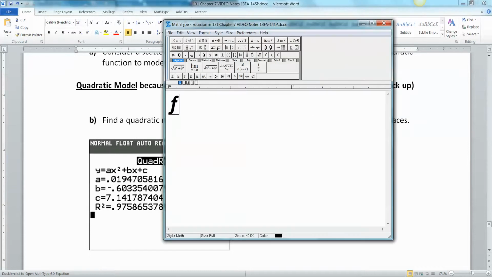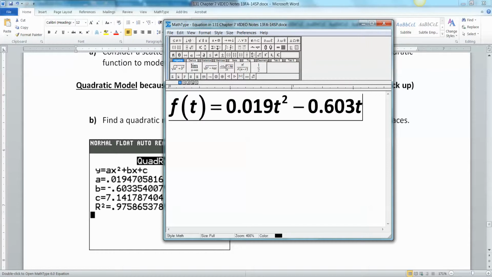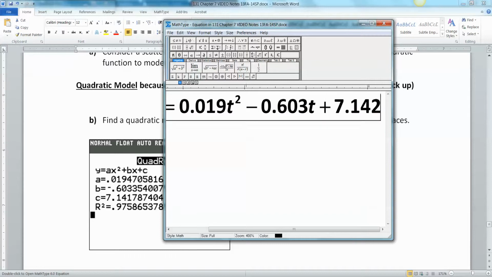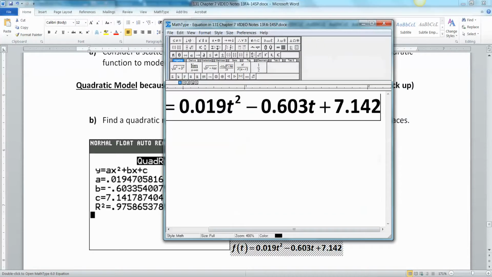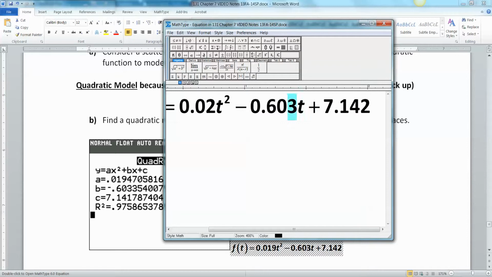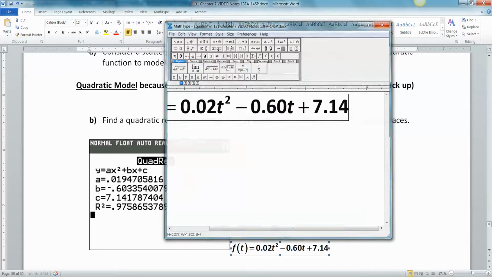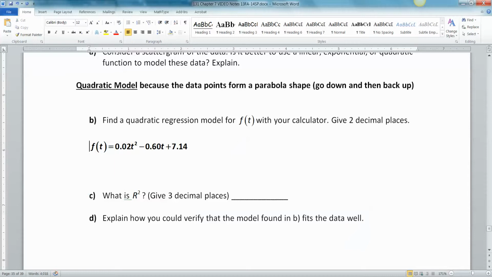Okay, so f of t equals 0.019 t squared minus 0.60 t plus 7.14. Hopefully it wanted 3 decimal places. Oh, it wanted 2. Oh, okay, I'll go even less. There you go. Okay, there's our regression equation model.